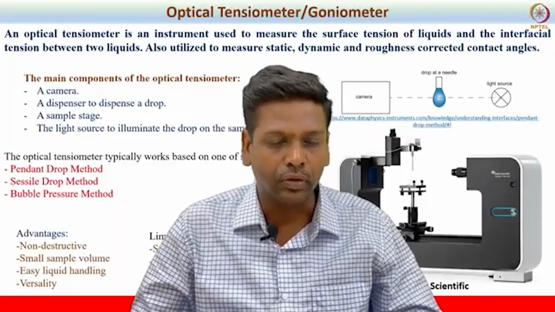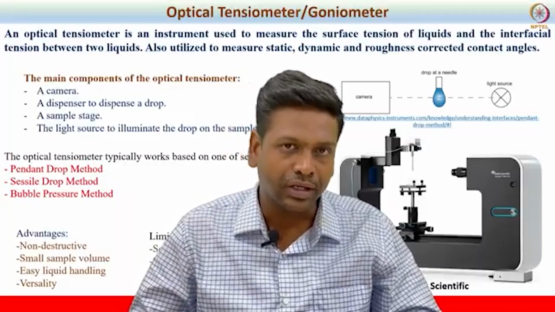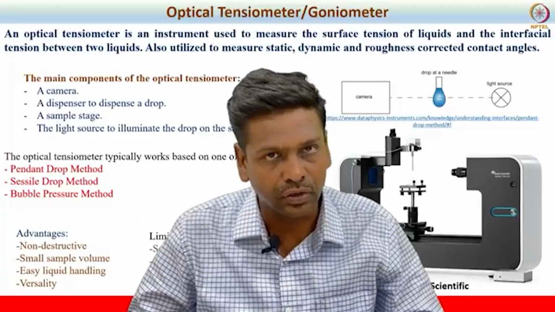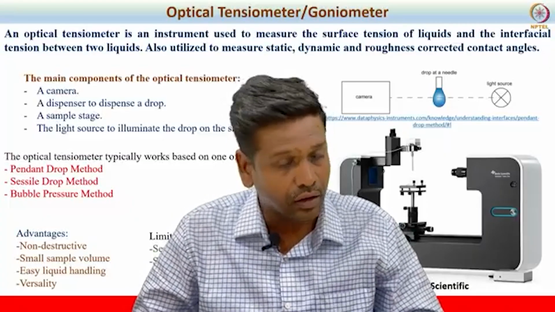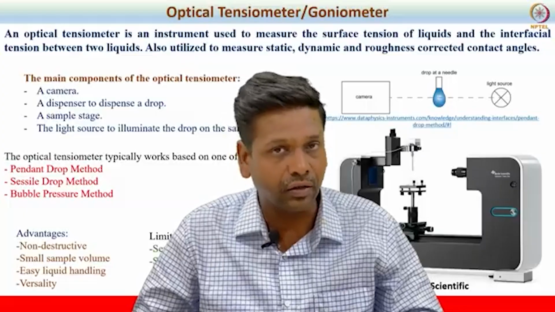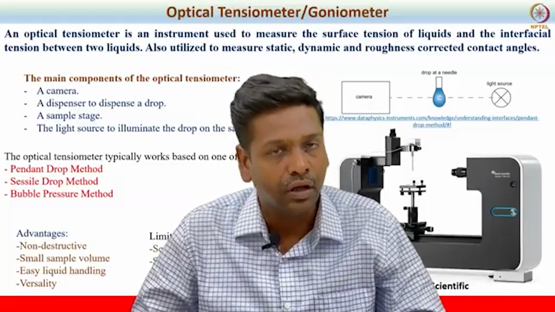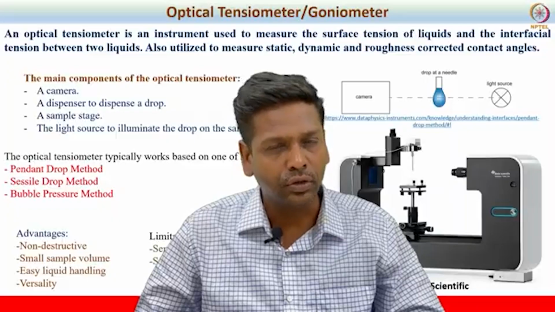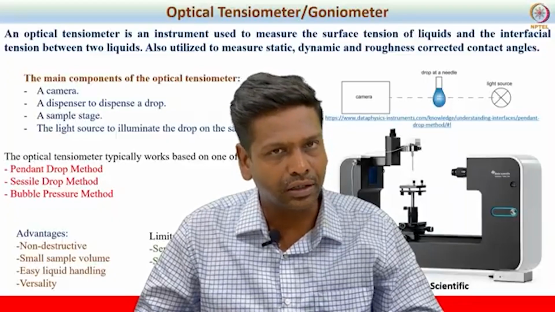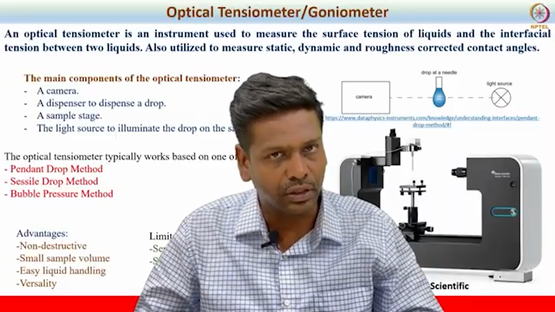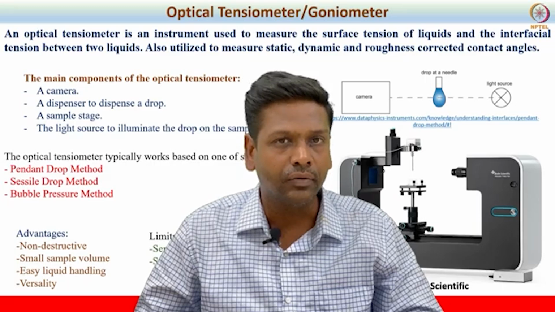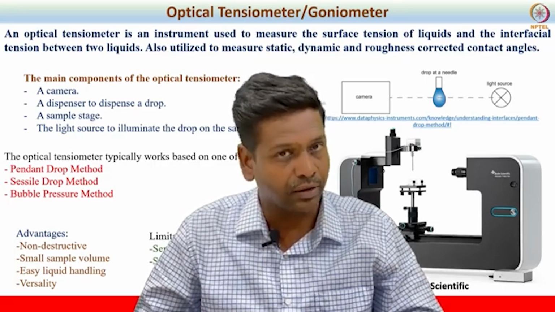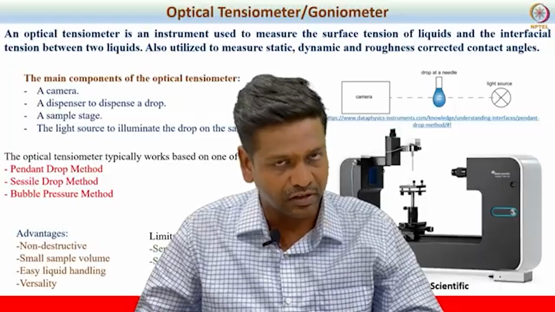One can call it a goniometer or an optical tensiometer. In today's lecture, we will look at the overview of the goniometer, followed by a demonstration by one of my PhD students. Okay, let's begin.